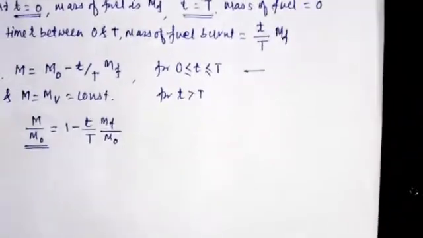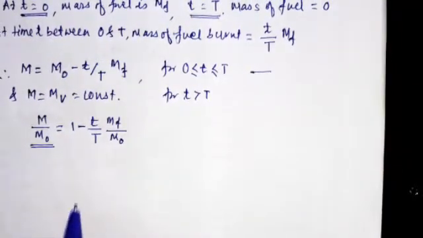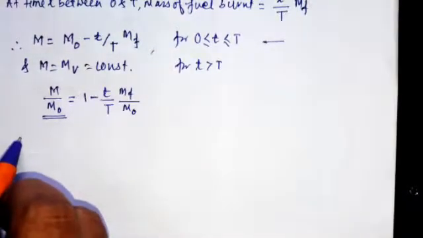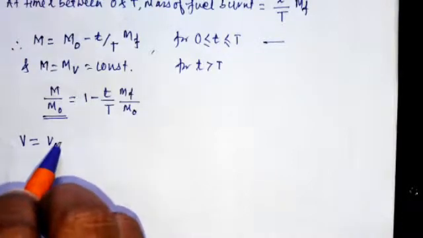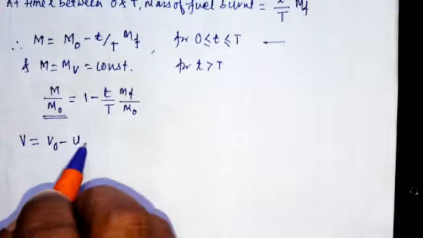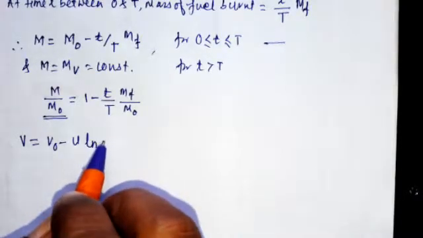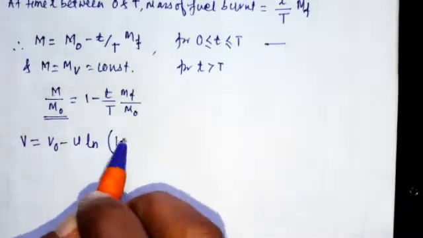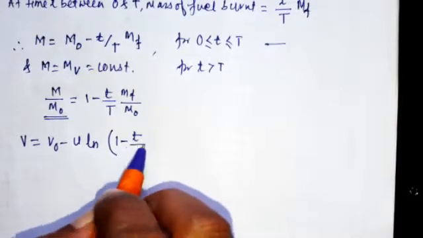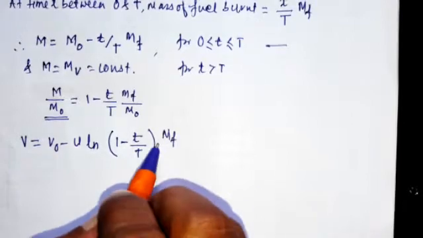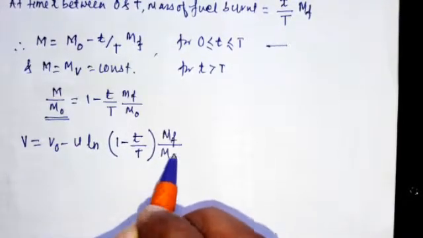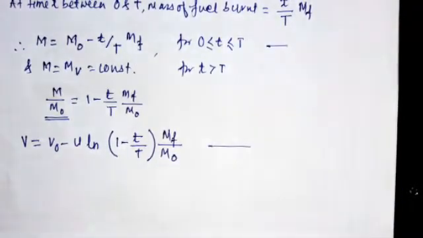So the above equation becomes V is equal to V naught minus u ln of 1 minus t upon capital T multiplied by mf upon m naught. This is the equation number.